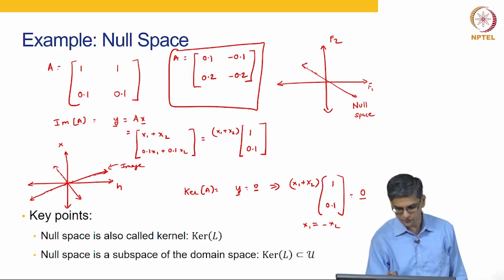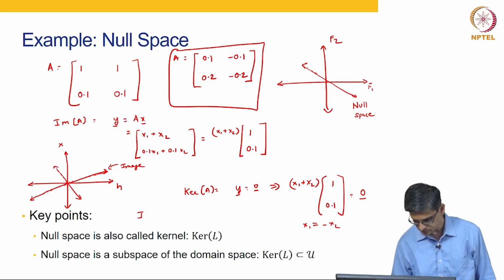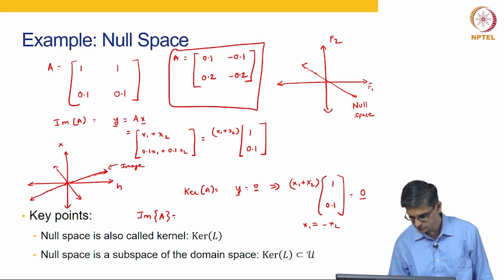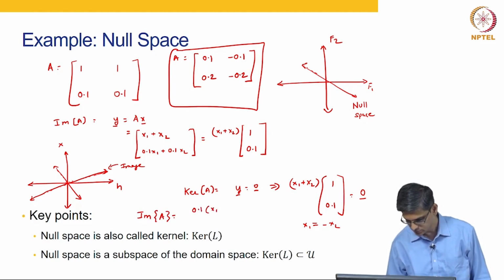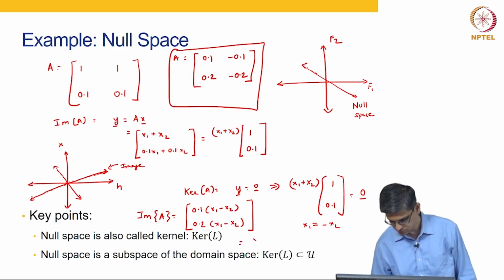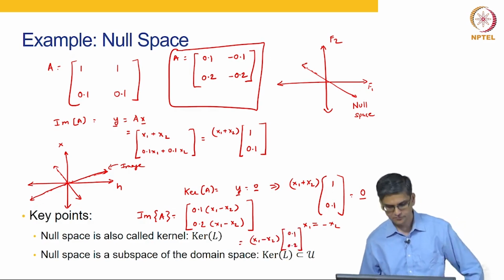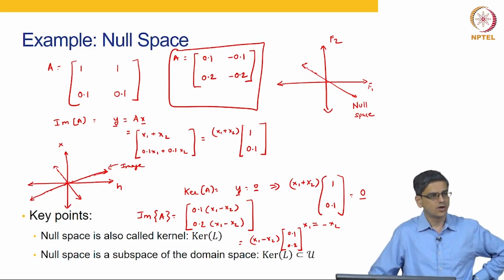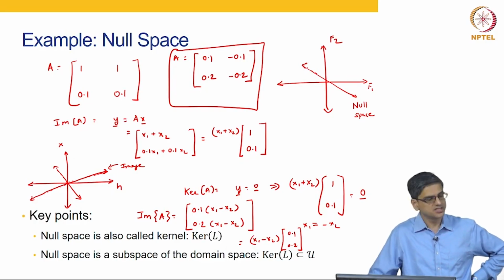So, if you look at the image space, 1 minus 1 becomes the image space, and if you see the null space, x1 equal to x2 becomes the null space. So that is what it is.